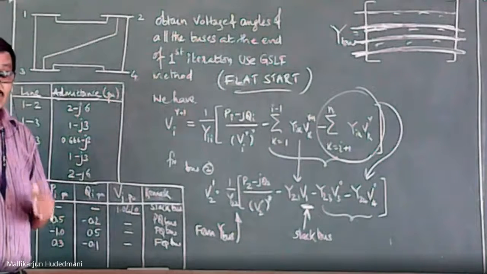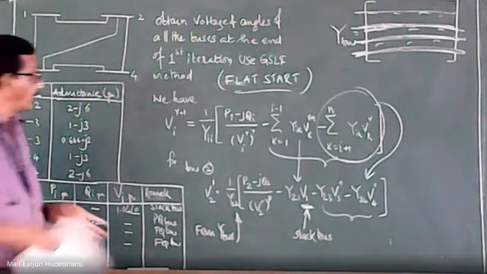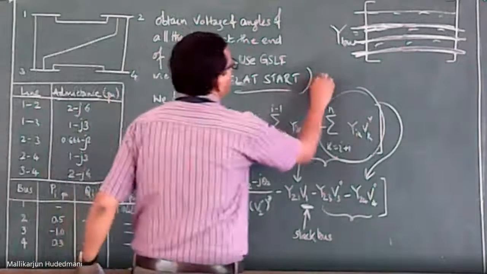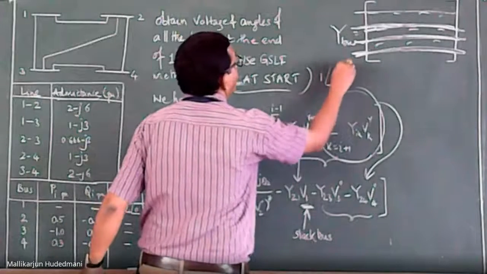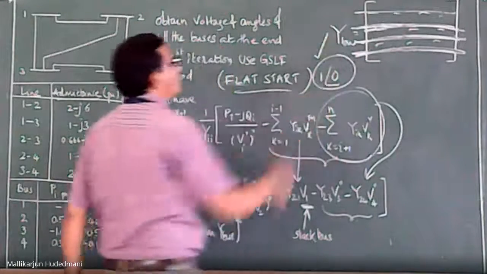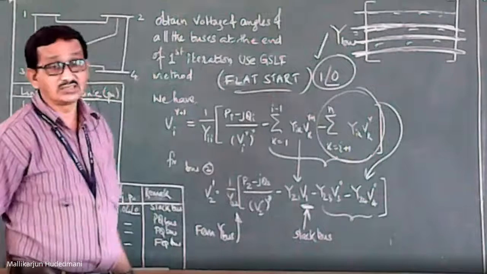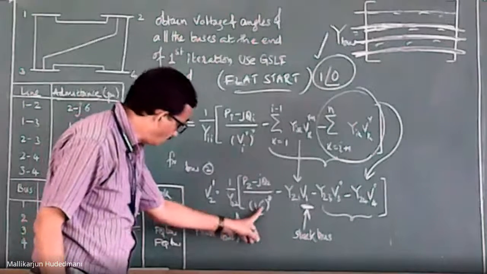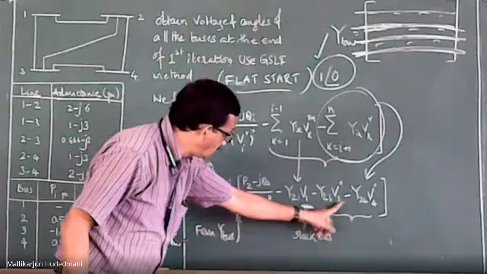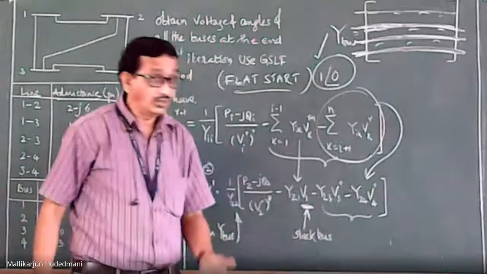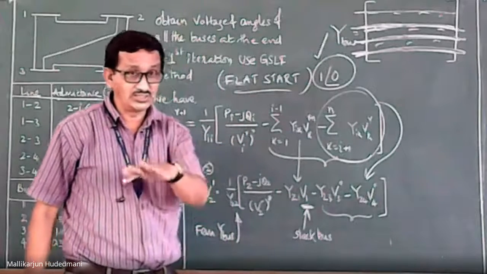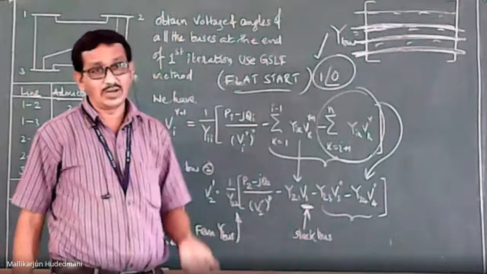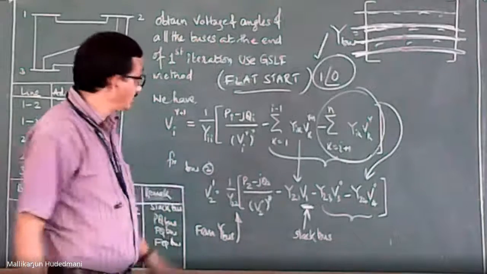Flat start means the variables are given 1 angle 0 as their solution, as their initial estimate. I would otherwise say 1 angle 0, 1 angle 0, 1 angle 0, or in complex rectangular form 1 plus j0, which you would have written. They are called the initial estimates.